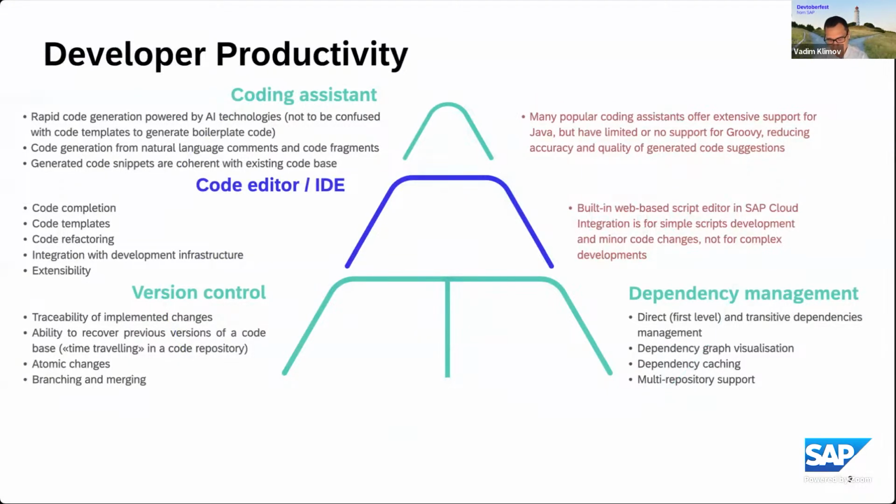What is critical here is that we would like the code assistant to respect the style and the existing code base. And this is where general purpose assistants, like, for example, ChatGPT, are not very convenient and efficient. Don't take me wrong, I don't have anything against ChatGPT, it's a very powerful tool. But when it comes to the development or improvement of code in particular scripts, we need something in our toolbox which is more fine-tuned to our project.